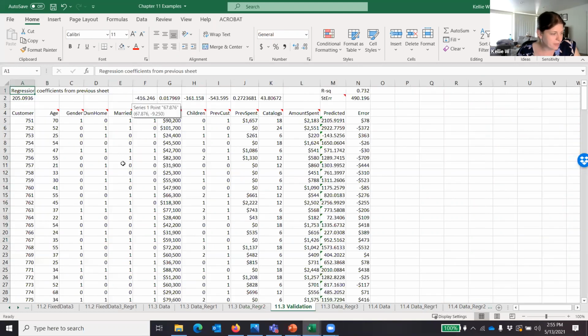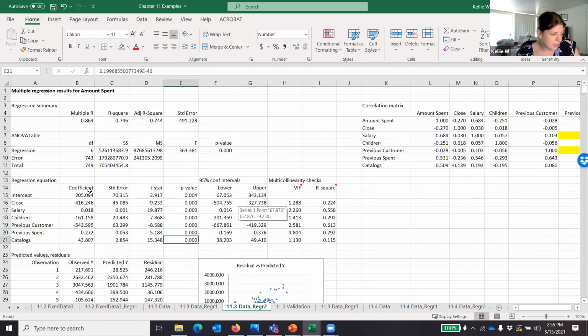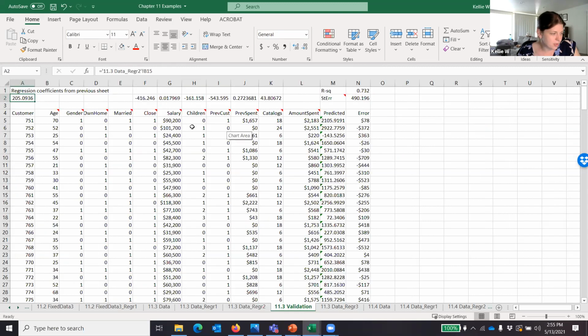So then they took their validation data. They took the equation and used that to predict, given the amount spent. They have the predicted, and you can go in and look at the formulas to see what they did.